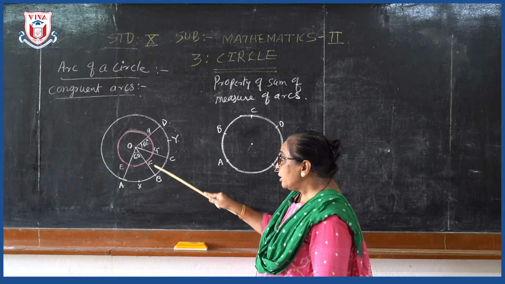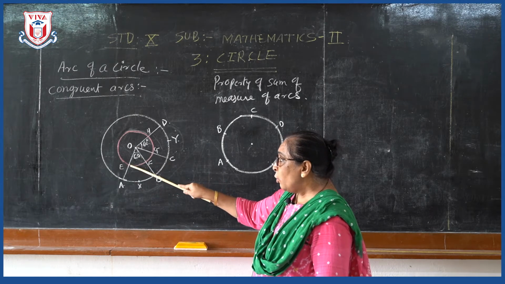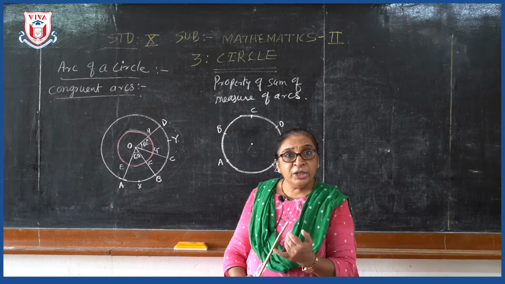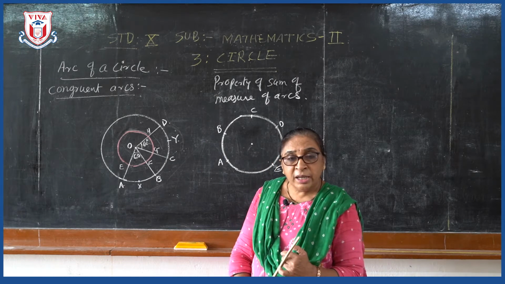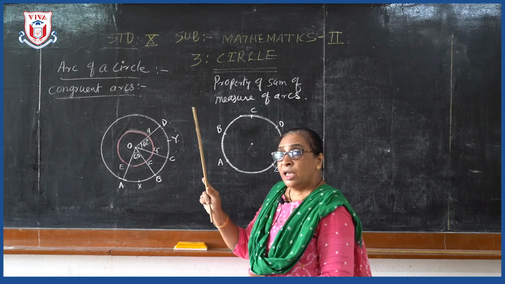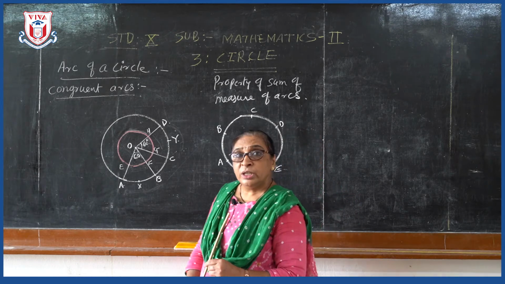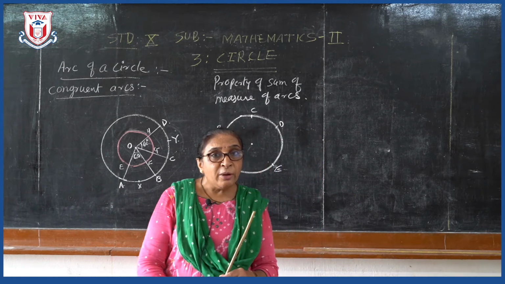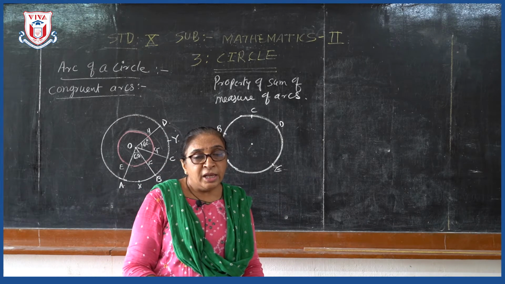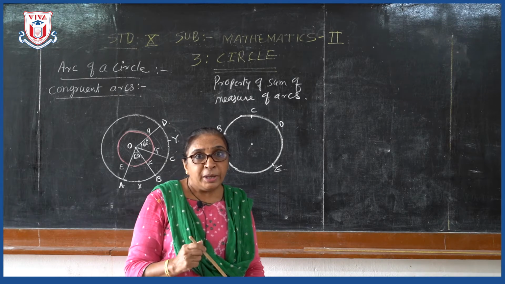For arc AXB the radius is OA, and for arc EF the radius is OE, which is smaller in size. Even though their measures are equal, we cannot say that these two arcs, AXB and EF, are congruent because of the different radii. That means congruent arcs should have equal measures and equal radii. So, you have to keep this in mind.